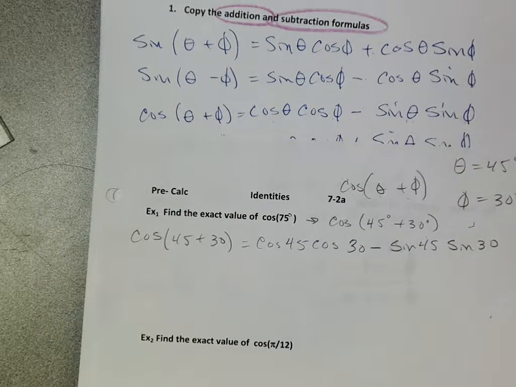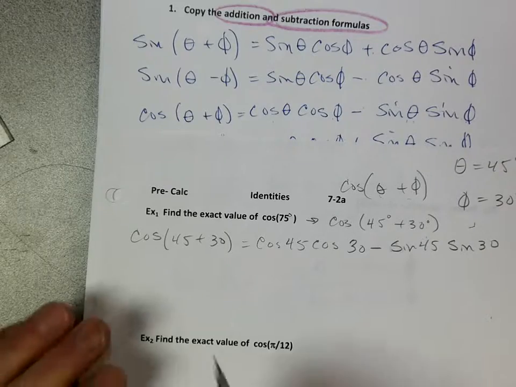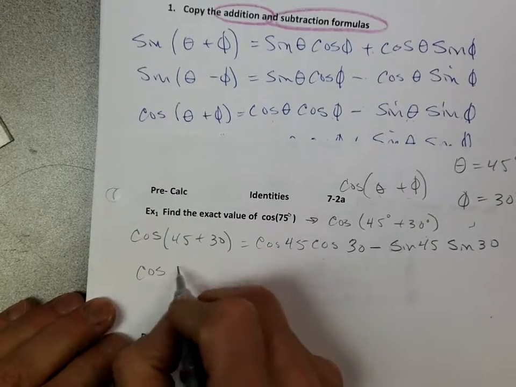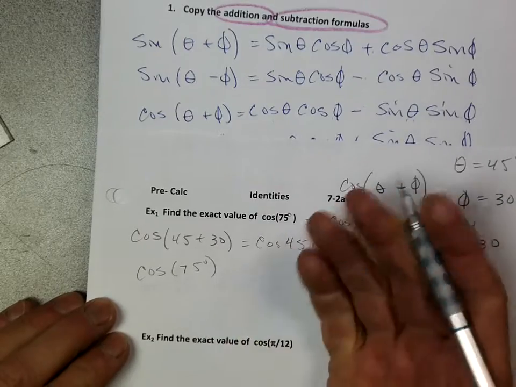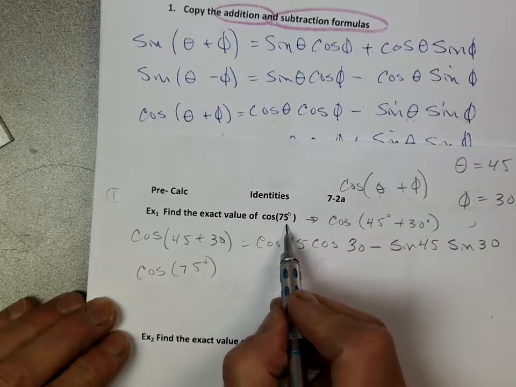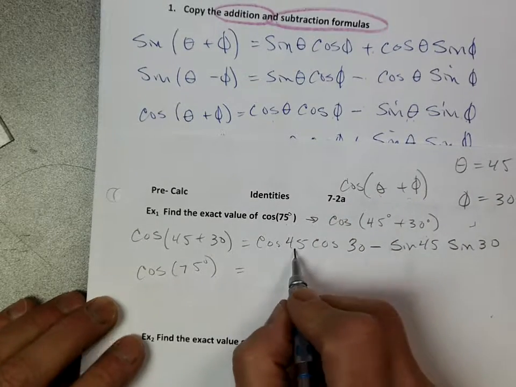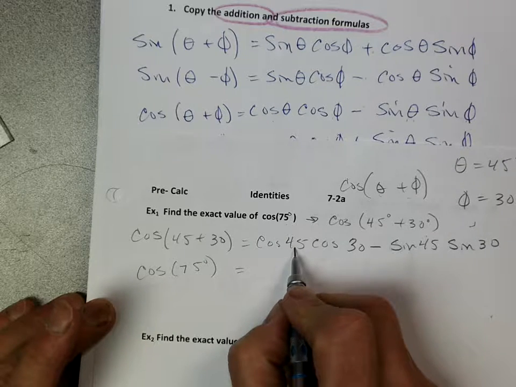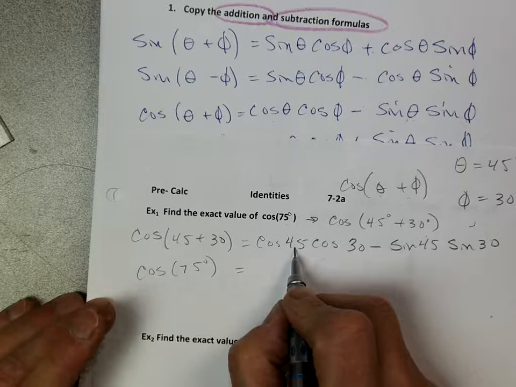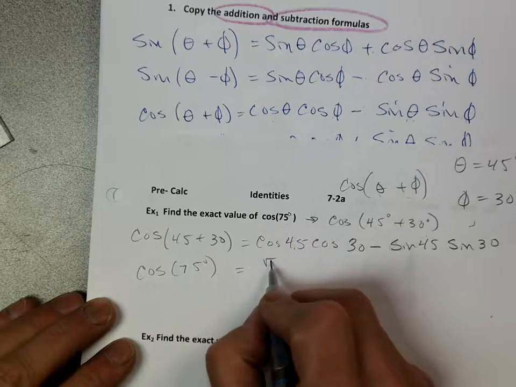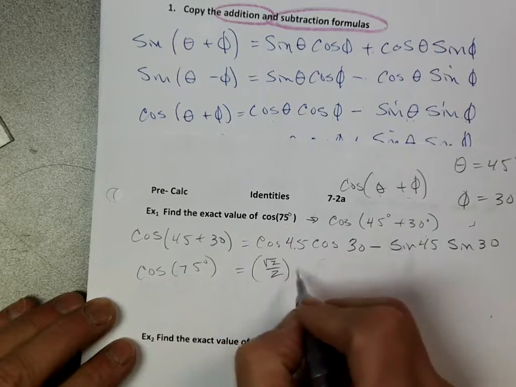Now I'm just going to get the values from the unit circle. So my cosine of 75 degrees, I'll change it back to 75, which is my question. Cosine of 45 from the unit circle: cosine is the x value, and at 45 it's the square root of 2 over 2.